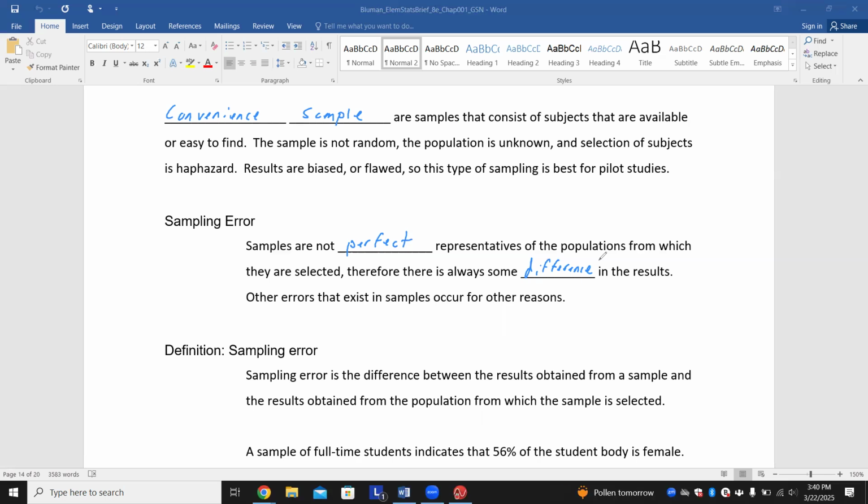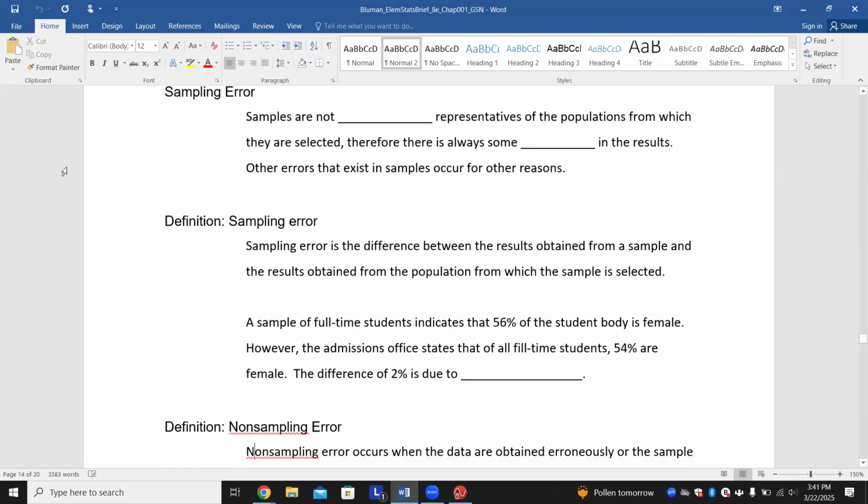Maybe it's a calculus class where people might actually enjoy math, so that data could be skewed, versus maybe we pick an English class, and those students just don't really prefer math, and so that could skew the data depending on the questions we're asking. And we'll definitely be looking into the biased outlook as well when it comes to data.